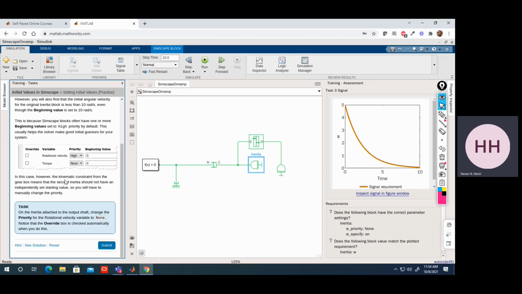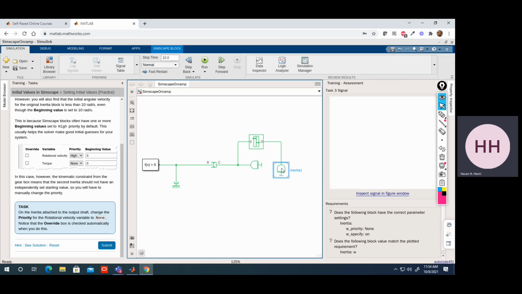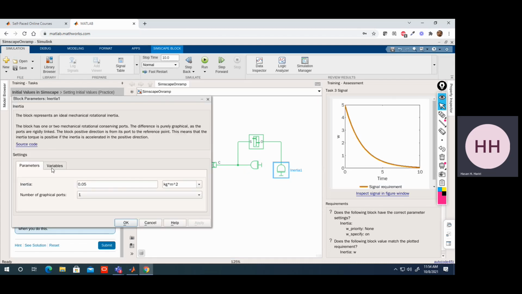In this case, however, the kinematic constraint from the gearbox means that the second inertia should not have an independently set starting value. So you will have to manually change the priority. If you look at the starting value, it should not be independent, okay?